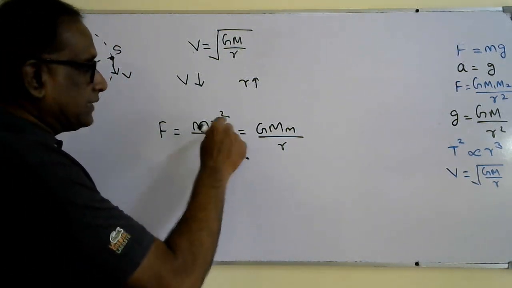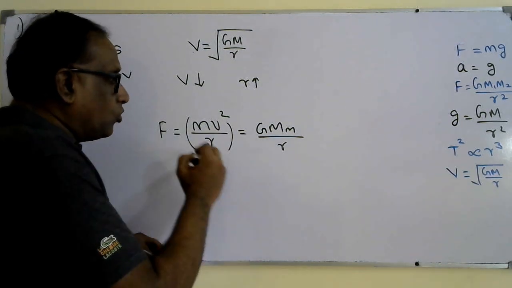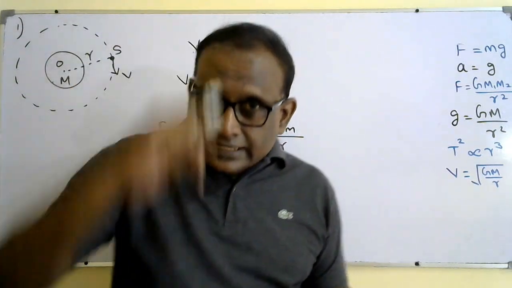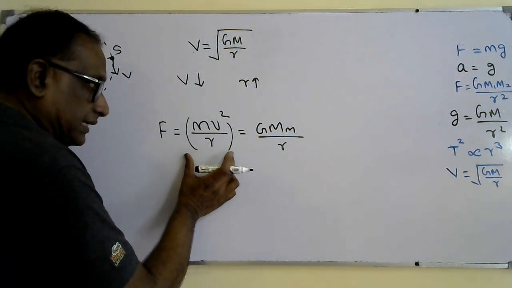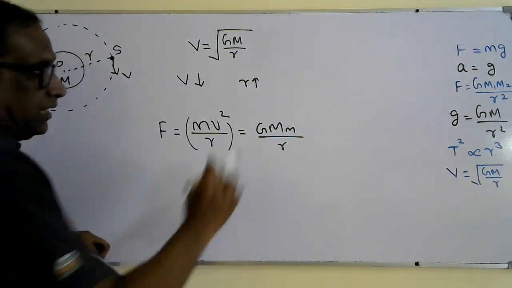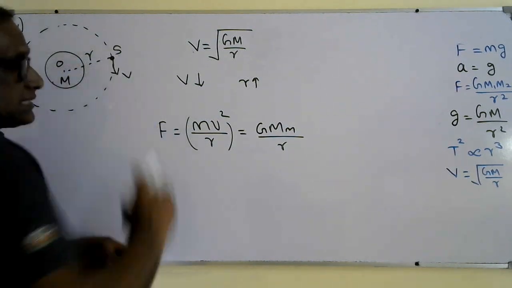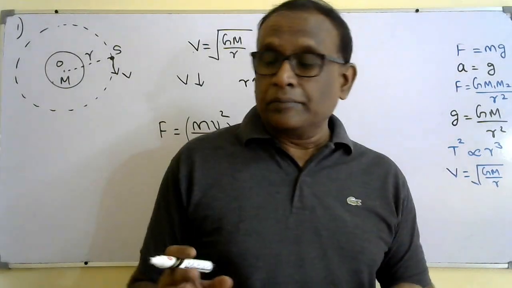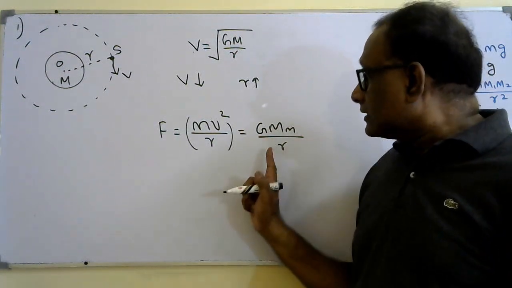Now what happens? The speed suddenly drops. When the speed suddenly drops, the required centripetal force is decreasing. So when the required centripetal force suddenly drops at that position, the gravitational pull given by the planet on the satellite will remain the same, but the required centripetal force is dropping.